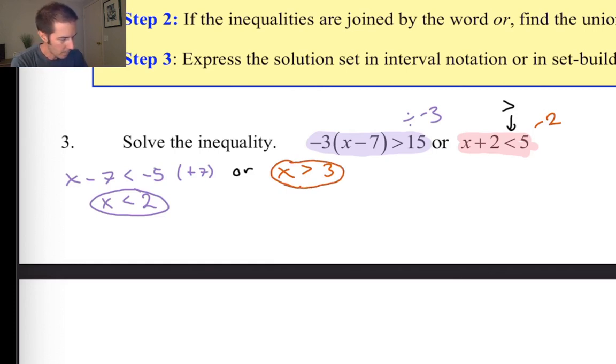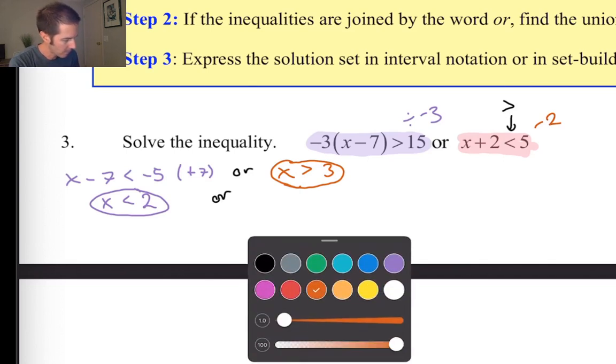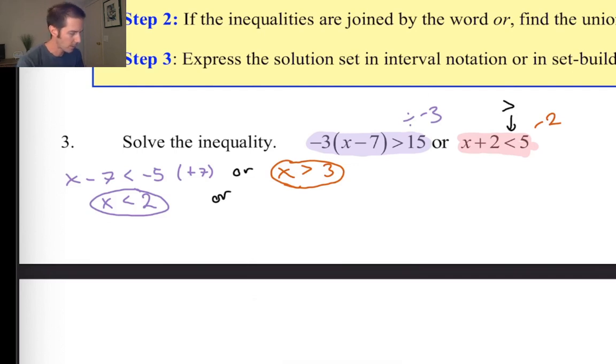So how do I present this as a final answer? Let's do it 2 different ways. Let me use yet a different color maybe. Let's use this really bright kind of fuchsia color. On a number line, I'm going to take these 2 components, put them on a number line. We'll get the 2 on there and the 3 is on there.